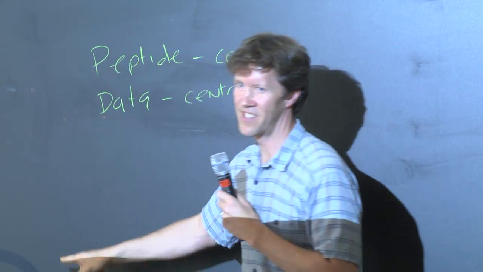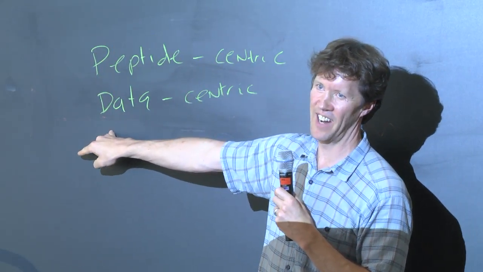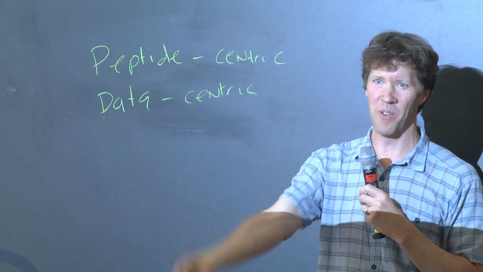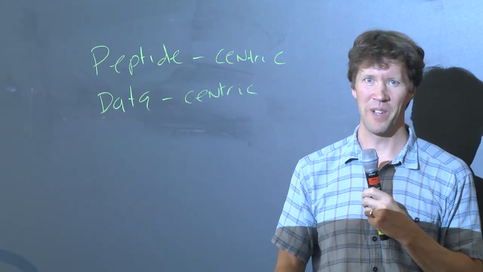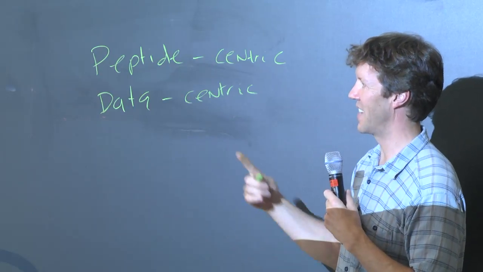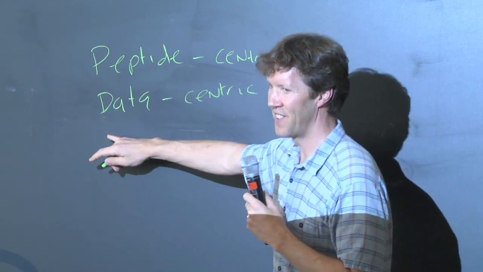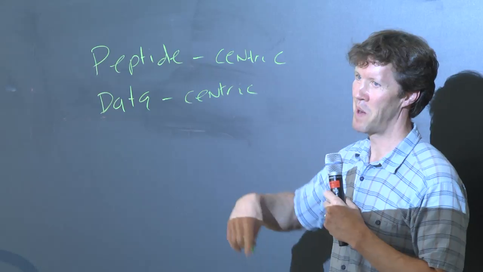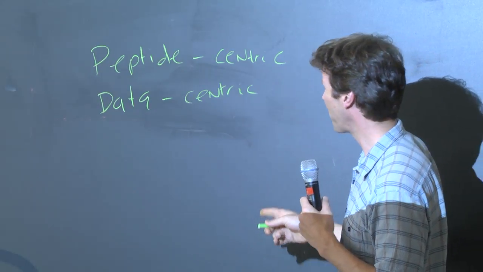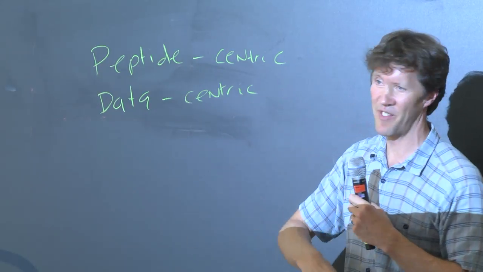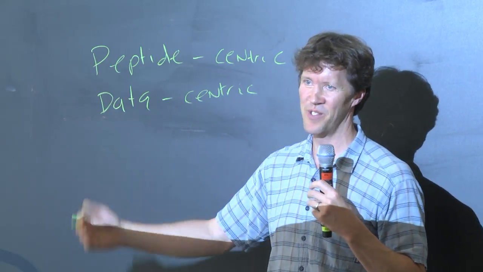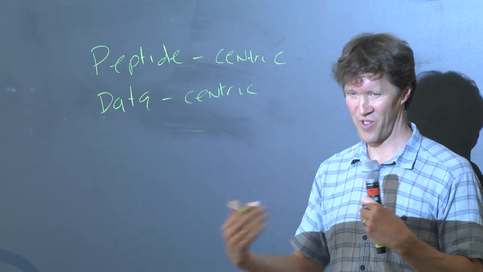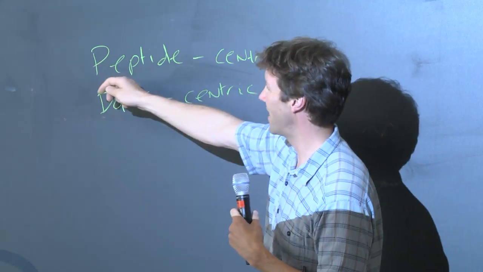where our classical shotgun has been data-centric. We go to our data and we ask, what's there? What do we see there? So Progenesis, when it's finding features in the data and then matching them up to peptides, is data-centric. SWATH, even if we're querying 100,000 peptides, if we're starting out by querying peptides, is peptide-centric.